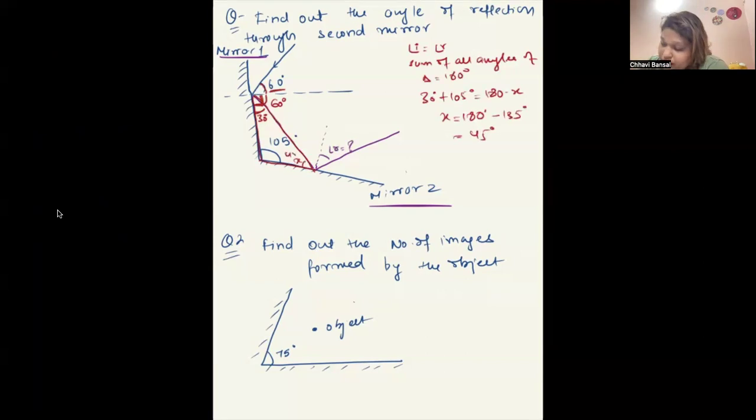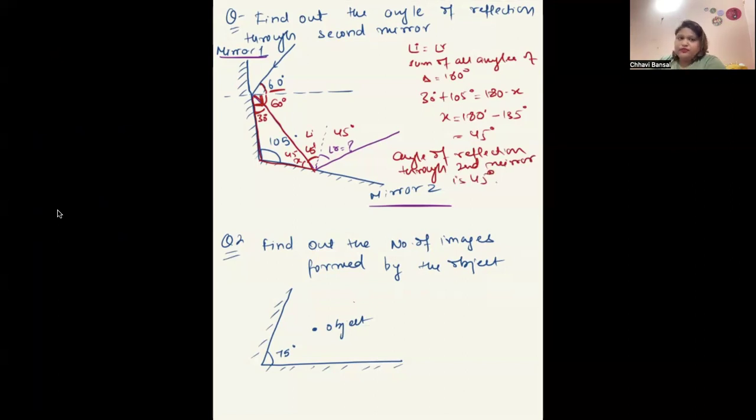Now, if this is 45 degrees, this is also normal to the surface, meaning 90 degrees. So this has to be 45 degrees. And if this is 45, which is the angle of incidence for this mirror, the angle of reflection also has to be 45 degrees. Okay, so the angle of reflection through the second mirror is 45 degrees. Okay, is it clear?